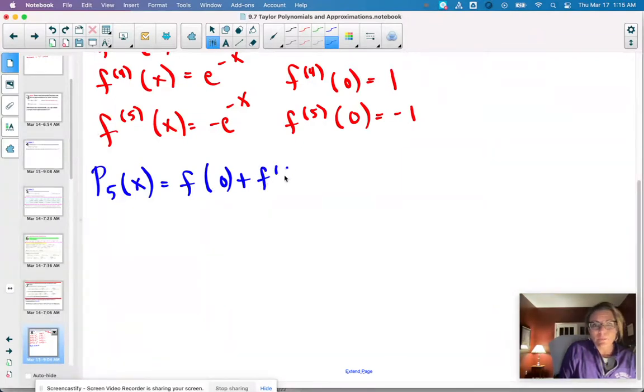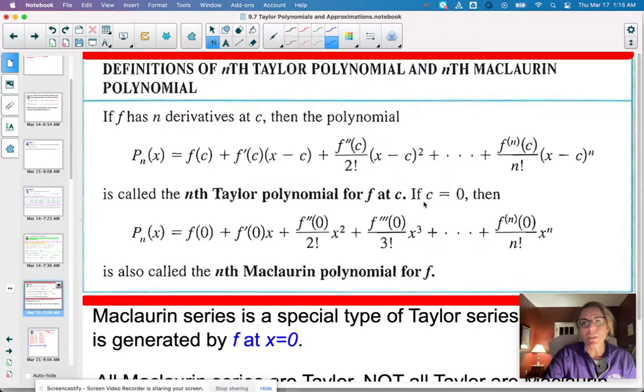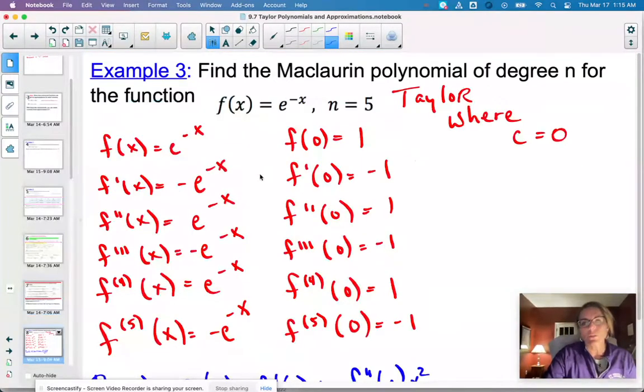Then we take the first derivative at 0 times x plus the second derivative at 0 times x squared, remember, divided by 2 factorial. Again, we go back to that formula. Each time we're dividing it by n factorial. I didn't show it here because 1 factorial is just 1.